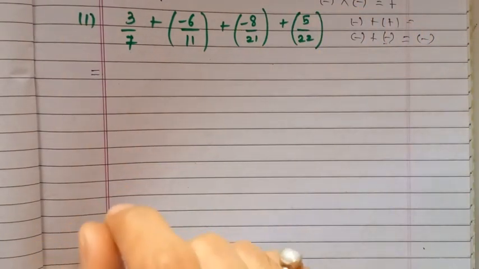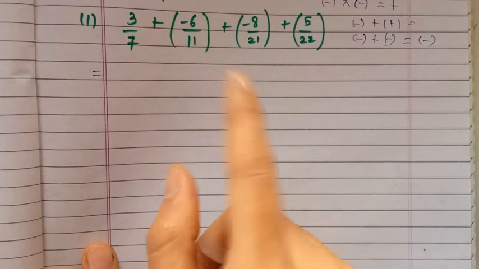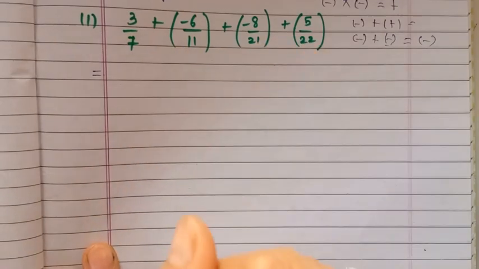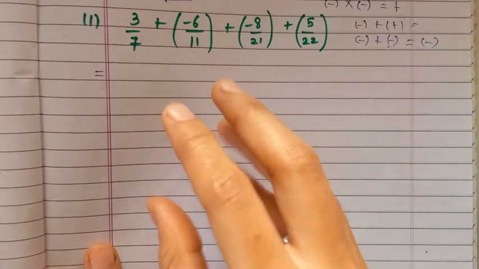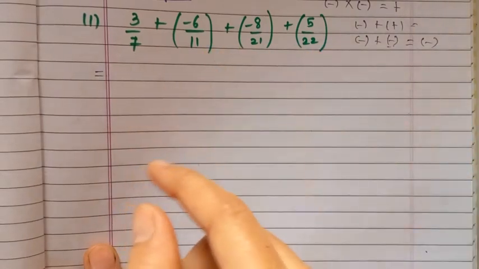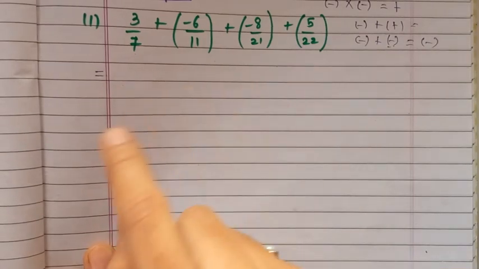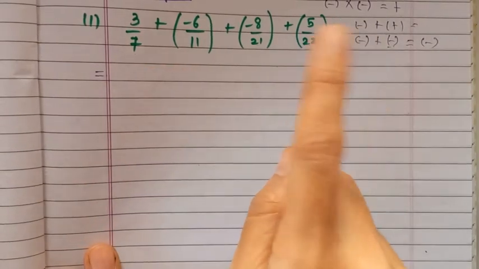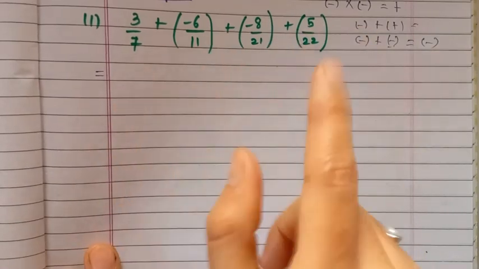If the denominators of the rational numbers are the same, then only can we add or subtract any two rational numbers. So first we make the denominators equal, and after that we add or subtract our numerators. We do not subtract our denominators; we make the denominator the same and we subtract and add our numerators.